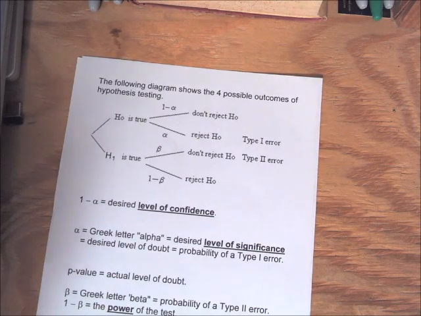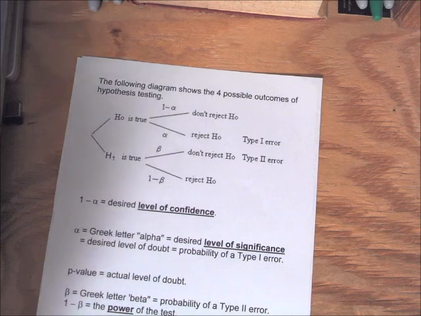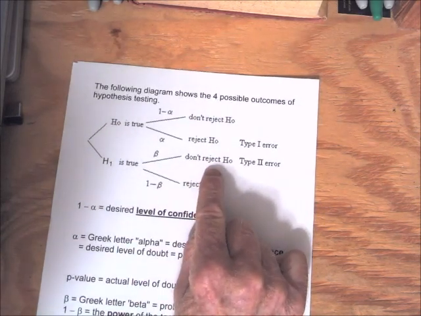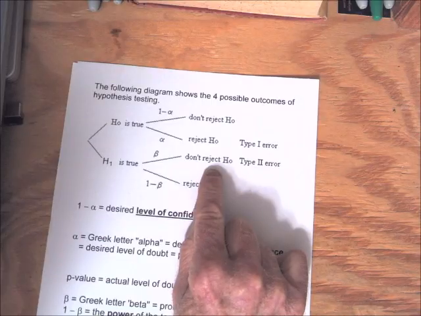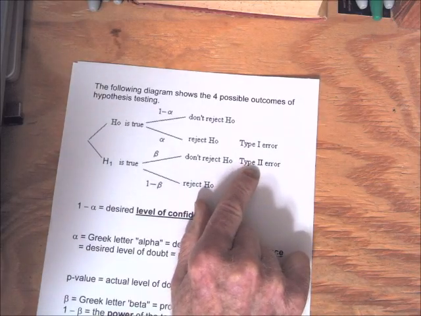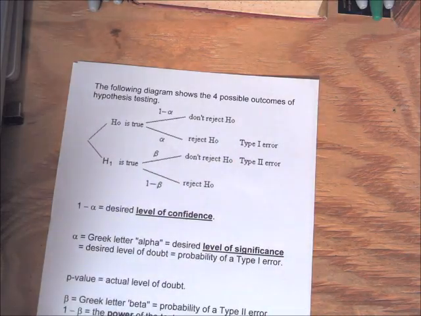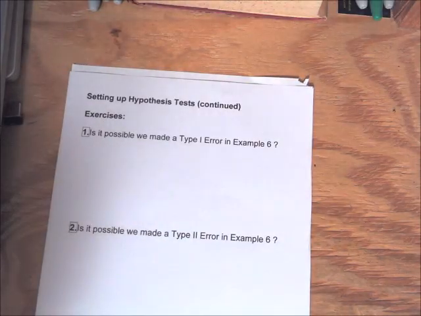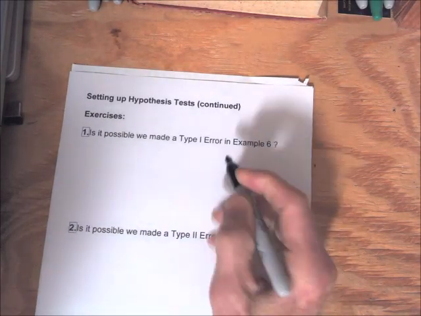Anyway, in this particular example, we did not reject H naught, so that means we take a chance of making a type 2 error. So in this particular example, is it possible we made a type 1 error?